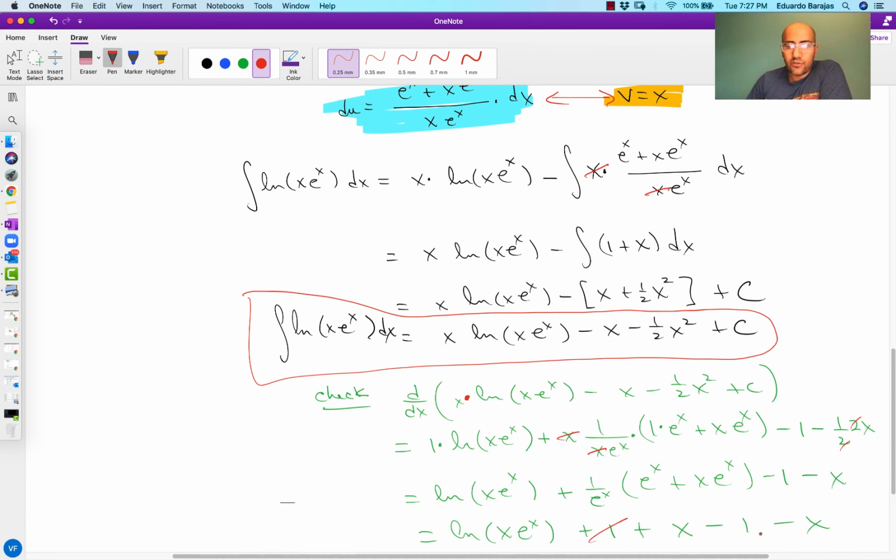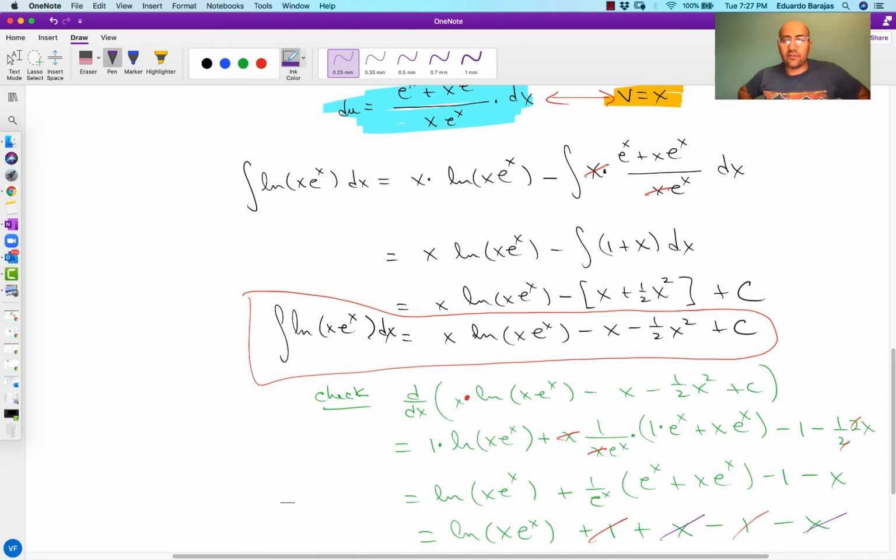Those guys will reduce, these guys cancel, and these guys cancel, giving me exactly what I expected, that the derivative of this function equals this. Good. So we have a capital F of x. We found a function whose derivative equals this.